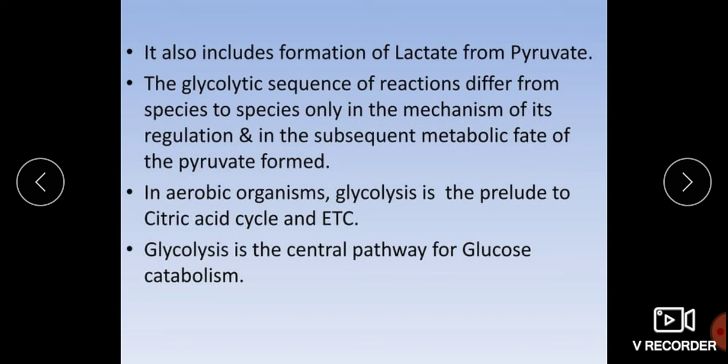The glycolytic sequence of reactions differs from species to species, and its regulation is also different from species to species. But in all organisms there is a formation of pyruvate, and this pyruvate further gets converted into a number of other organic acids, depending upon the species.